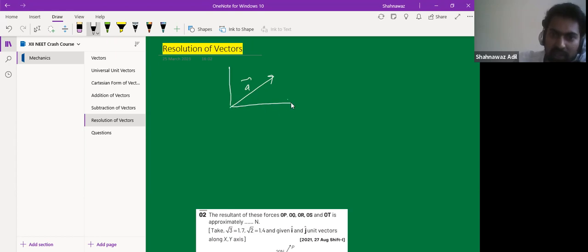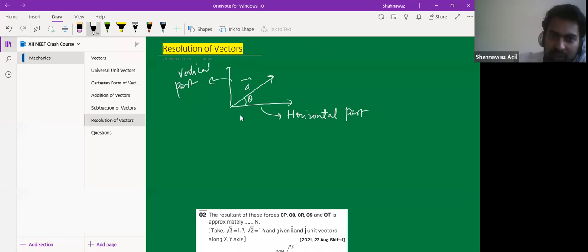One is the horizontal part, and this is the vertical part. Understood? This makes an angle theta with the horizontal part.